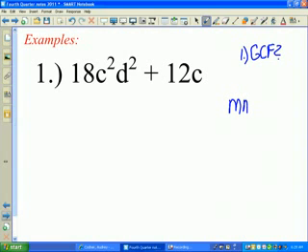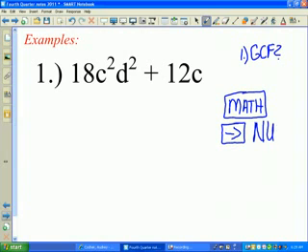So the way to do that is you press your math button. The math button is right underneath that green alpha button. You're going to arrow over to where it says num, and num is just a short version of saying number.